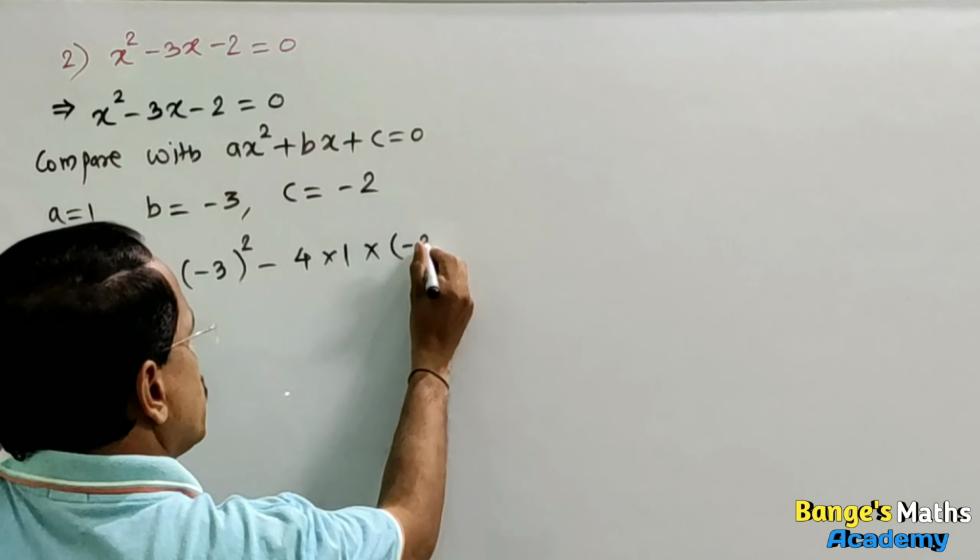Simplify this. Minus into minus plus 4 plus or minus square root of. Split 56 so that one number is a perfect square. So we can write this as 4 into 14 upon 2 into 5, 10.